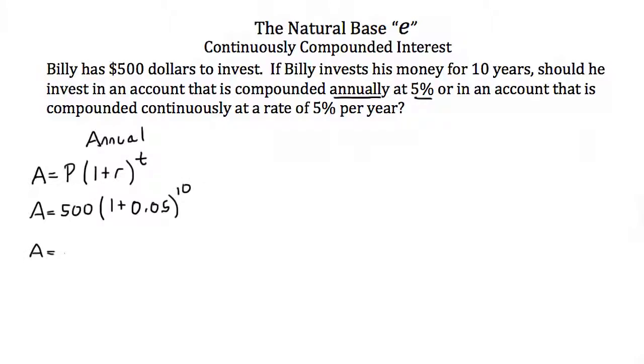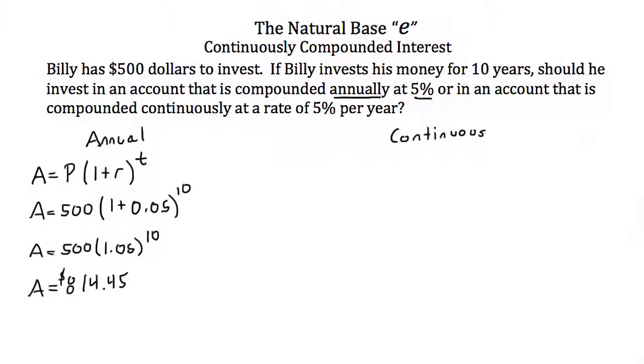So our amount is going to be equal to 500 times 1.05 to the 10th power. So our final amount in our annually compounded account would end up being $814.45.